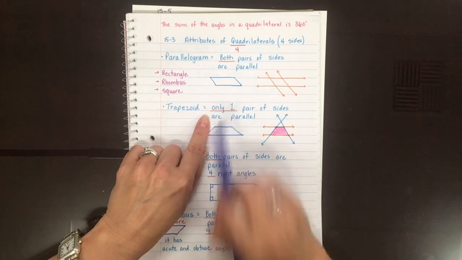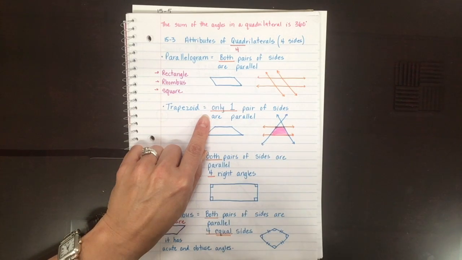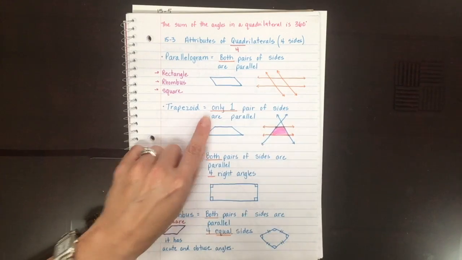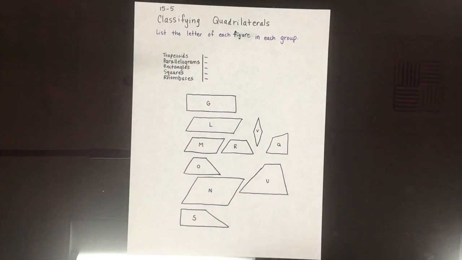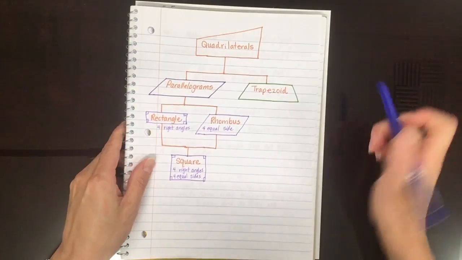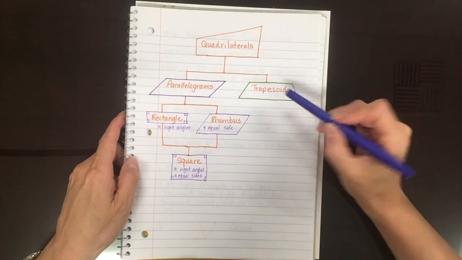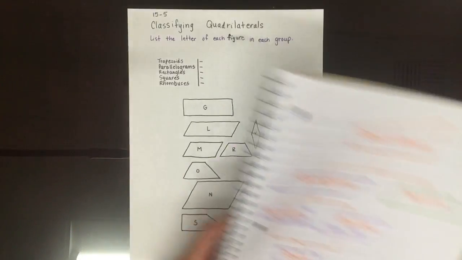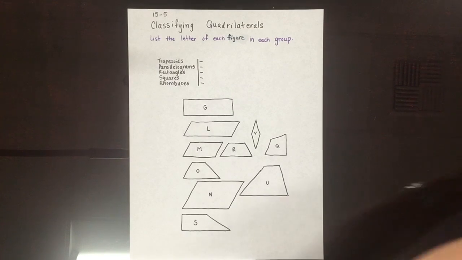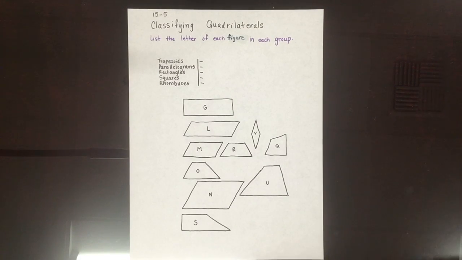One pair, that's its only requirement, and that's the only thing it has. So if it's a trapezoid, it's probably not anything else. Okay, so I'm going to look for a trapezoid first in my figures down below.